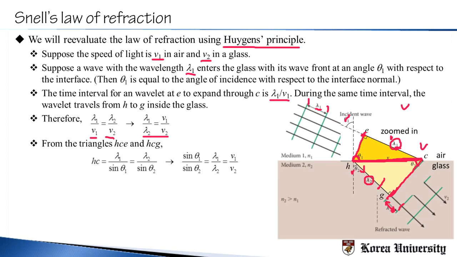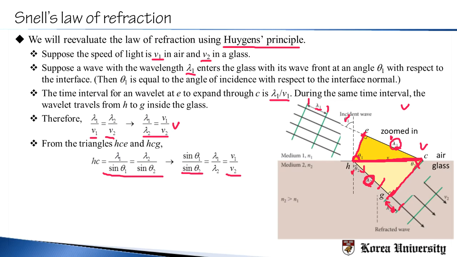At the same time, it is also equal to lambda 2 divided by the sine of this angle. So we can write it this way, and rewrite it so that sine theta 1 divided by sine theta 2 is equal to lambda 1 divided by lambda 2. And again, according to this, this is equal to v1 divided by v2. This is simple geometry, right?